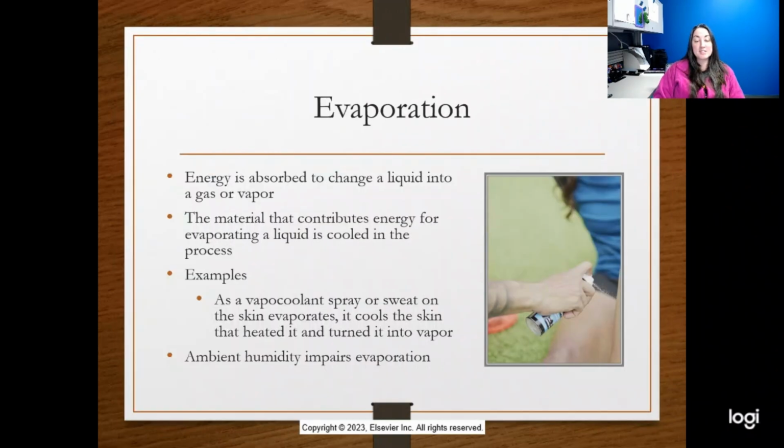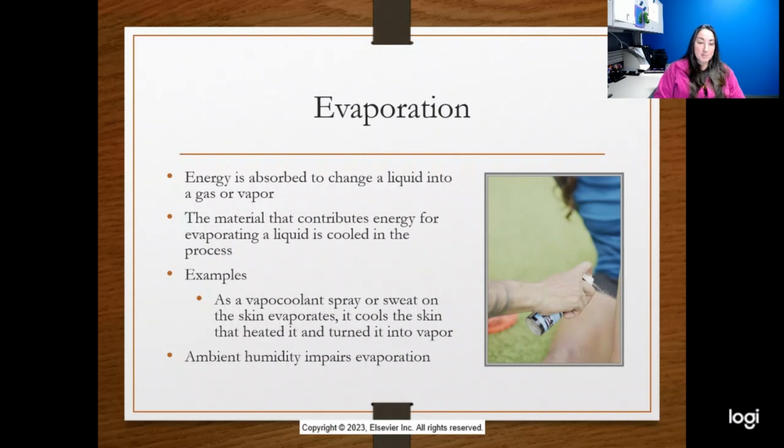Evaporation is where energy is absorbed to change a liquid into a gas or vapor. So the material that contributes energy for evaporating liquid is cooled in the process. So as the liquid evaporates, like let's say you have sweat and the sweat evaporates off of you, it helps cool the tissue, the skin that the sweat was touching before it evaporated.